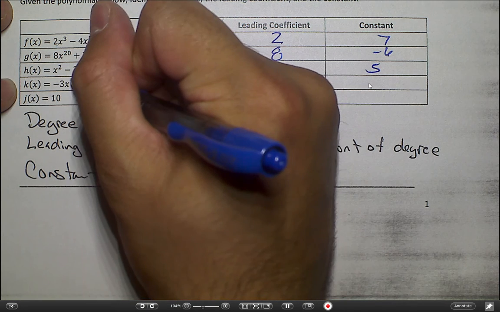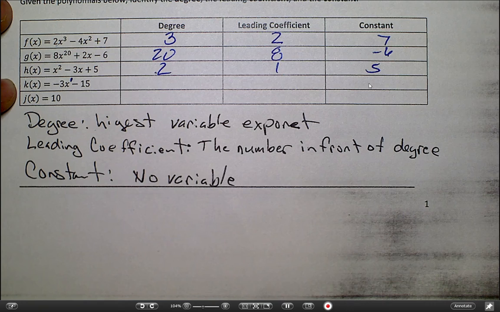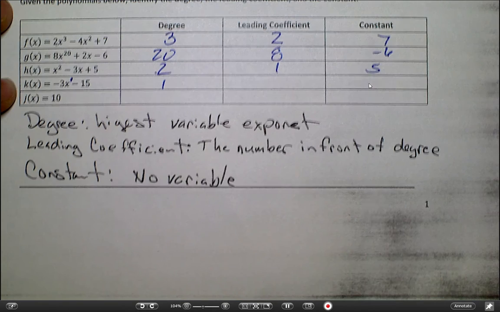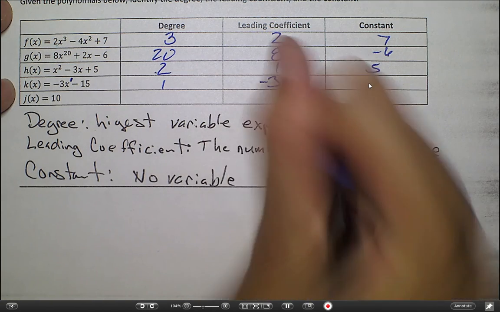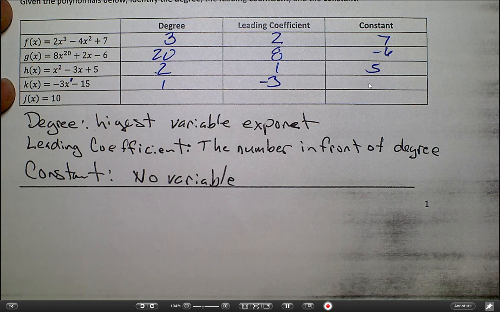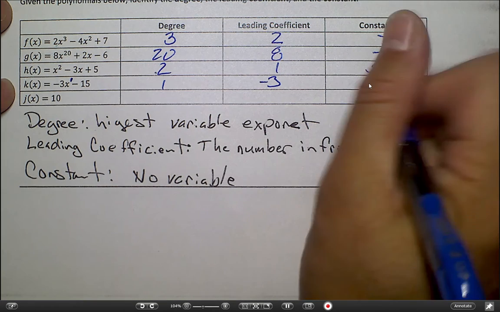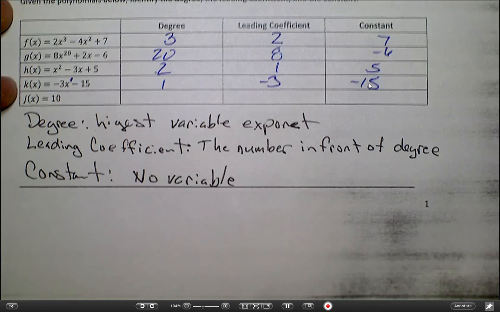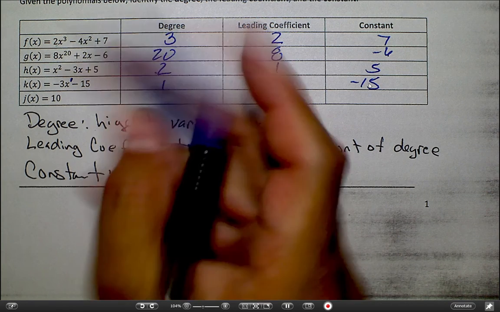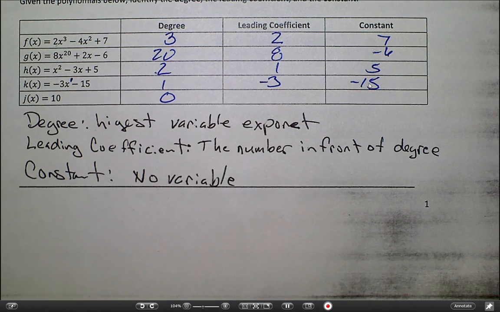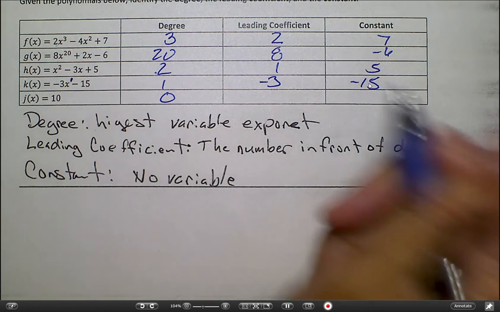If there's a variable there, there's an exponent of 1. What is the leading coefficient? -3. Constant. What is the degree? I put 0. It is 0. 0, 0, and 10. The leading coefficient is 0.